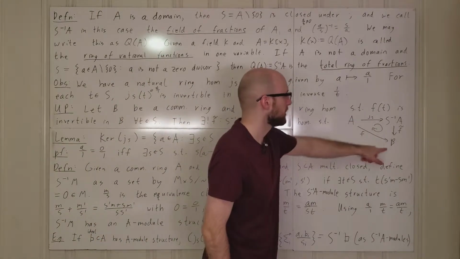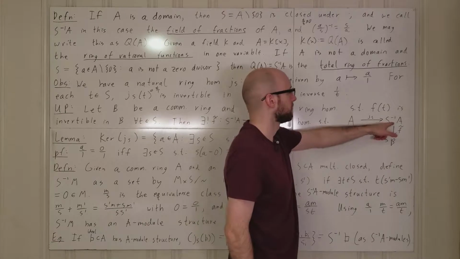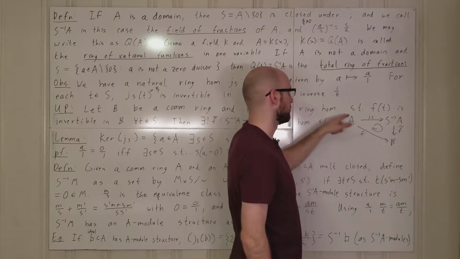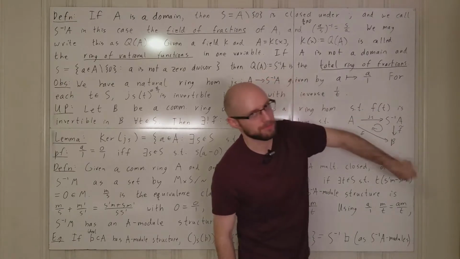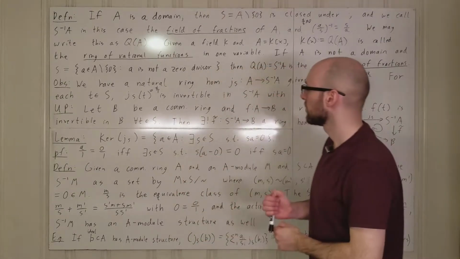So if you go from A to B through F, it factors through S inverse A. You can first go to S inverse A through JS, and then you could go down to B through F tilde.